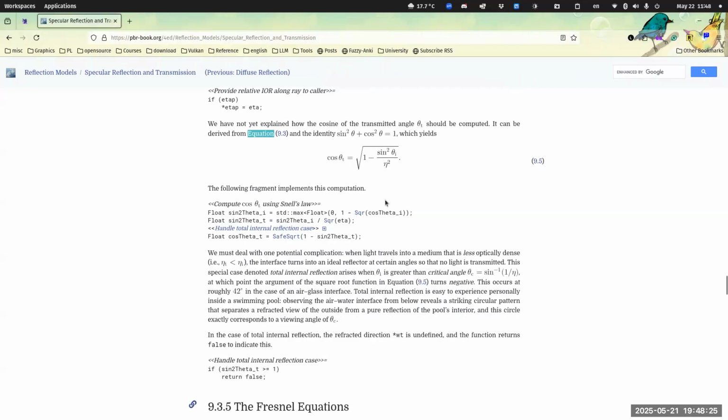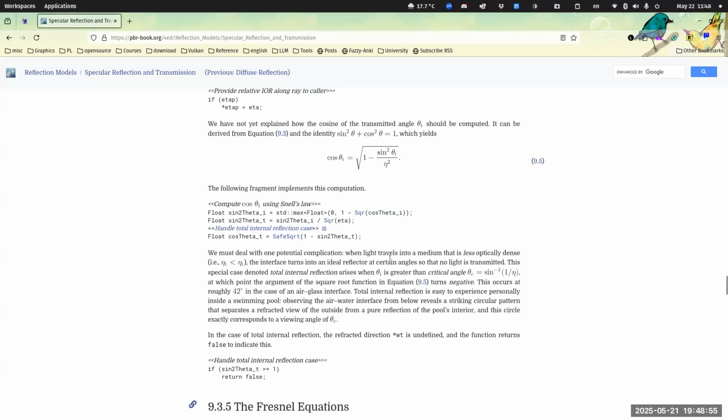And also one potential complication is that when light travels into a medium that is less optically dense, sometimes we just don't have a refraction at all, so it's just total internal reflection.